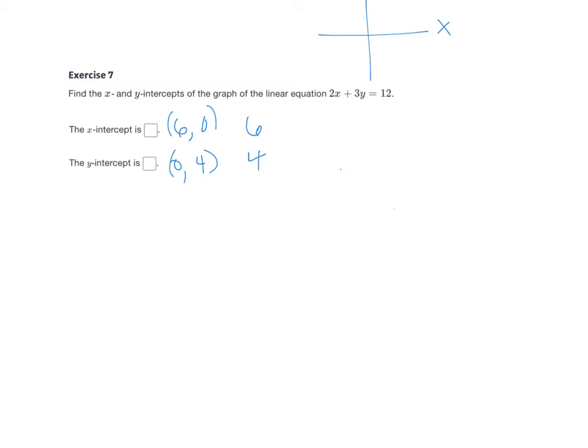If I have 2x plus 3y equals 12, and I cover this up, I've got 3 times something equals 12, so you can just say y is 4. And then if you cover up this part, 2 times something is 12. That would make your x 6. So there's the cover-up method to find the intercepts.